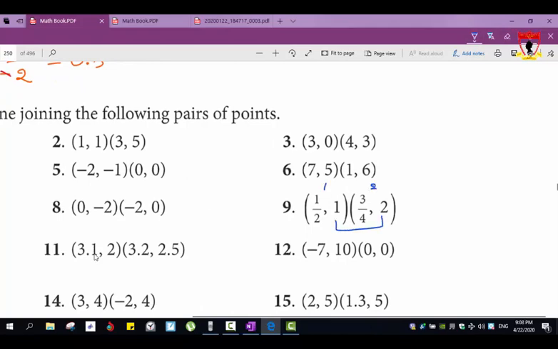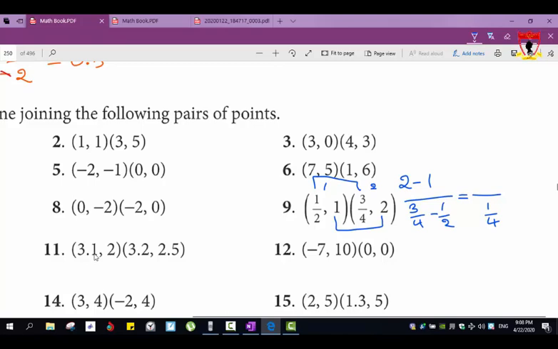Then we will have 2 minus 1, and in the denominator, we have 3 over 4 minus 1 over 2. 3 over 4 minus 1 over 2 could be done with a calculator, or you can say 3 over 4 is 3 quarters. 1 over 2 is half. 3 quarters minus half. What's remaining is just 1 quarter.